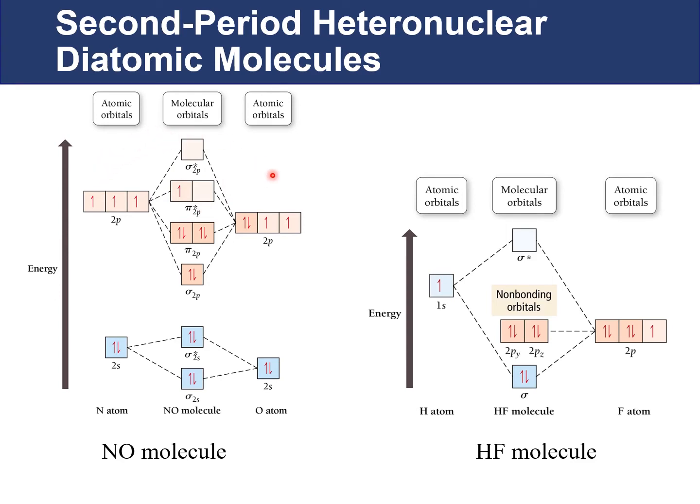The way that we fill the middle is the same as we were using for the homonuclear diatomics. We count up the total number of electrons and then fill the middle with our total. So from the oxygen we have 6, from the nitrogen we have 5, a total of 11.